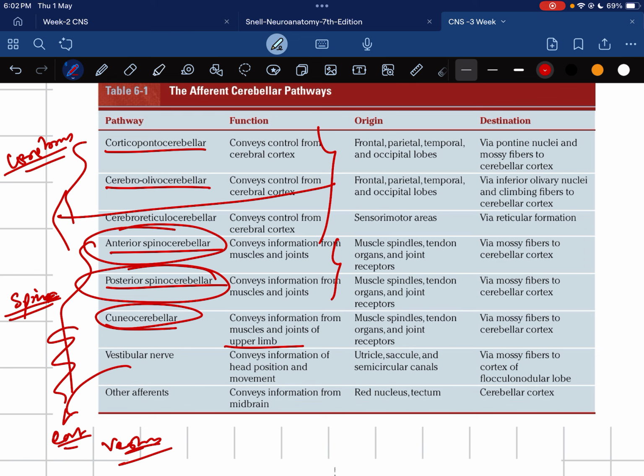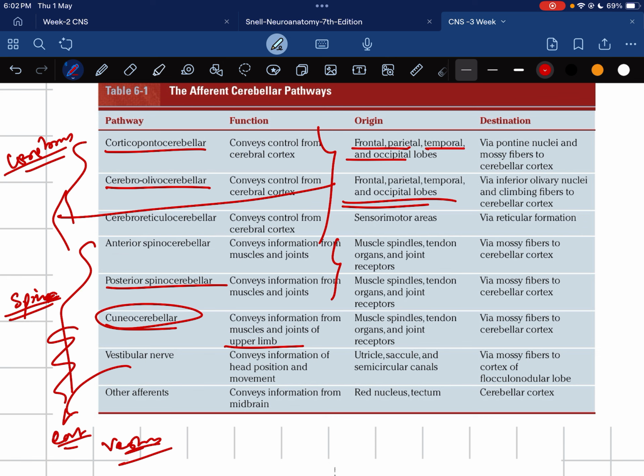So the cerebral pathways are from the frontal, parietal, temporal and occipital lobes of the cortex region, and the reticulocerebellar are from the somatosensory motor area. And regarding the anterior spinocerebellar, it is from the muscle spindle, tendon organ receptors and joints, and the posterior is the same, but the cuneocerebellar is mostly from the spindle and tendon organ receptors of the upper limb.